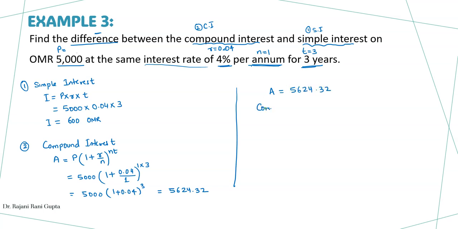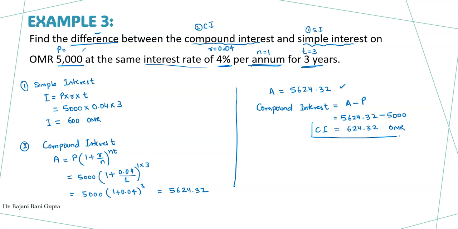Now finding the compound interest, it is A minus P. So A is 5624.32 that we just now obtained, and P is here, which is 5,000. That gives you 624.32 riyals. Okay, this is the compound interest.